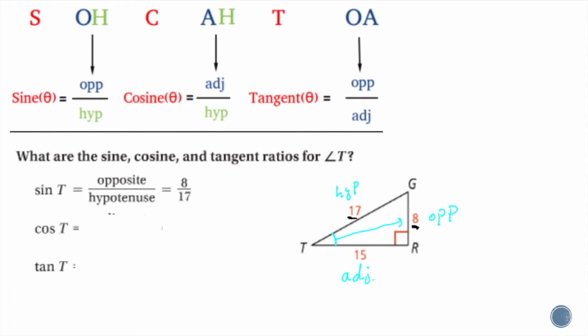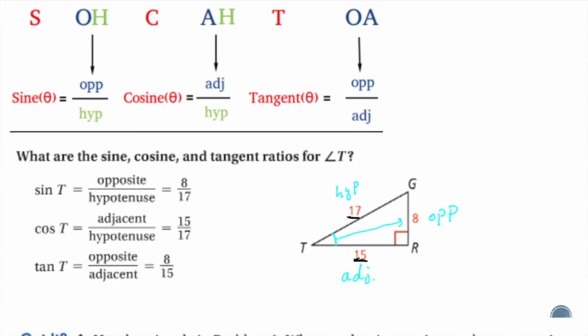Cosine, you should see that it is the adjacent over the hypotenuse, which is equal to 15 over 17. And lastly, we have the opposite over the adjacent for tan of T, which is equal to 8 over 15. Hopefully this is starting to make sense.